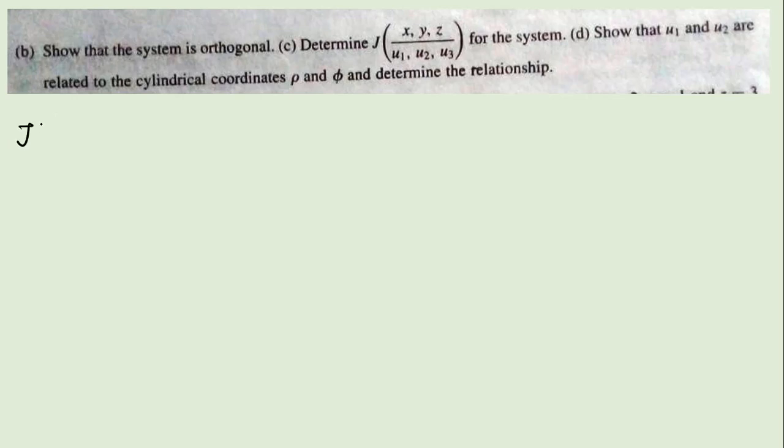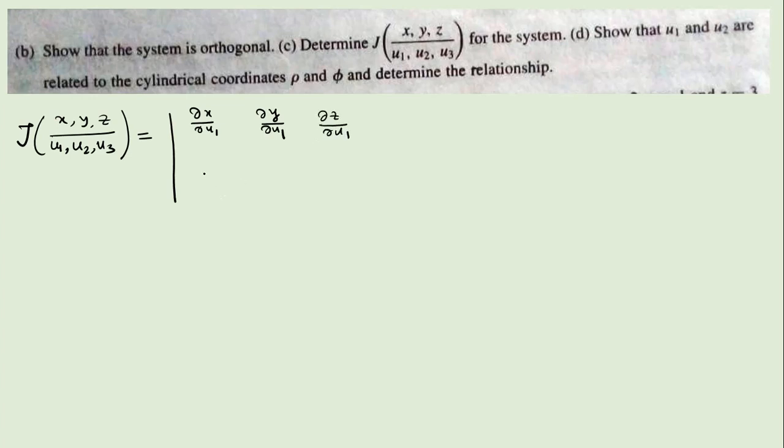You know the definition of the Jacobian, that is del of x, y, z by u1, u2, u3, which is nothing but the determinant: del x by del u1, del y by del u1, del z by del u1; del x by del u2, del y by del u2, del z by del u2; and del x by del u3, del y by del u3, del z by del u3.